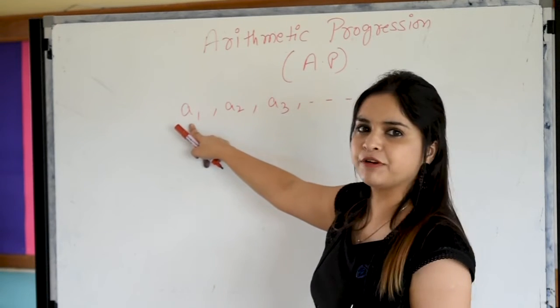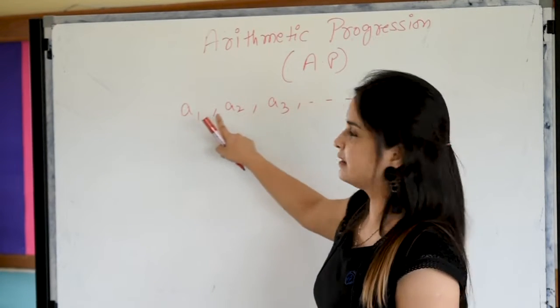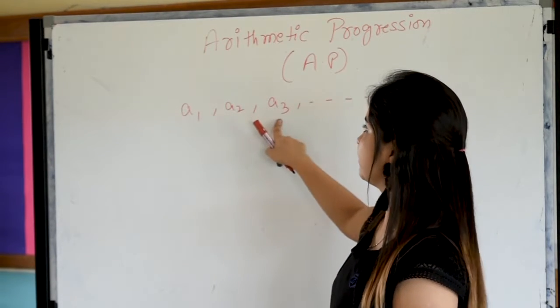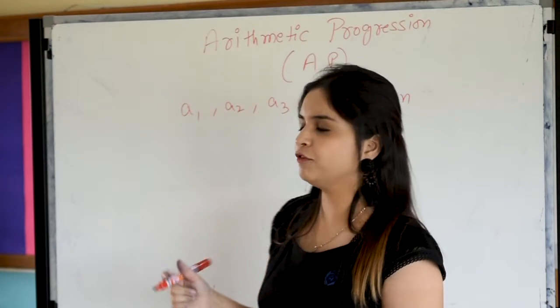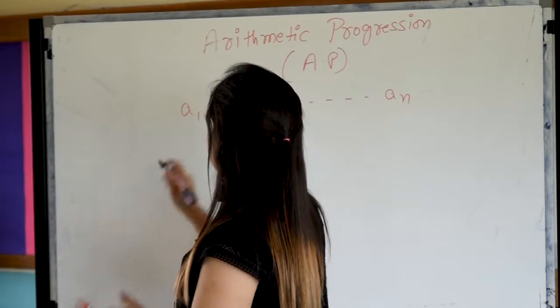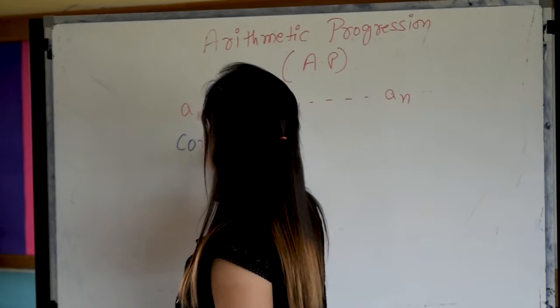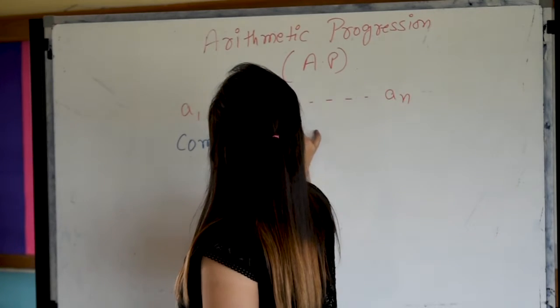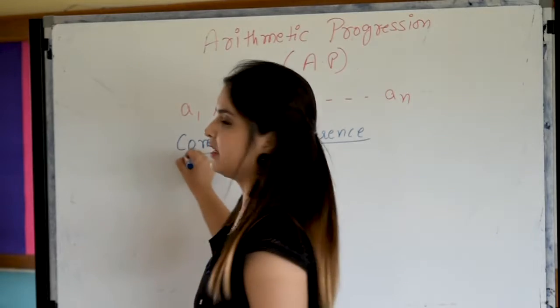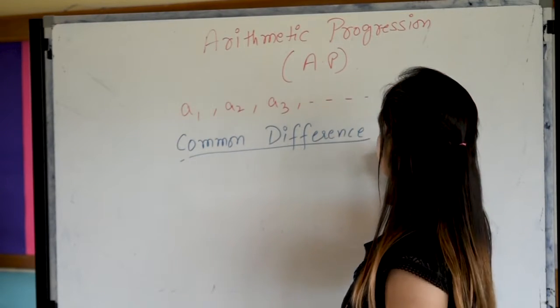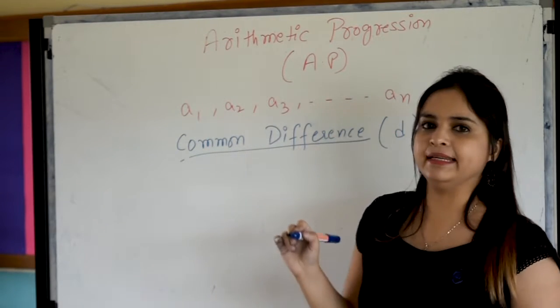See, look at the first term. First term is A1, second term is A2, third term is A3. We have a term in AP which we call common difference. Okay? Common difference, short form we say D.